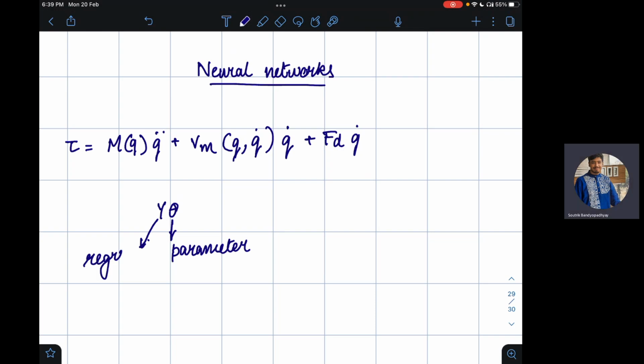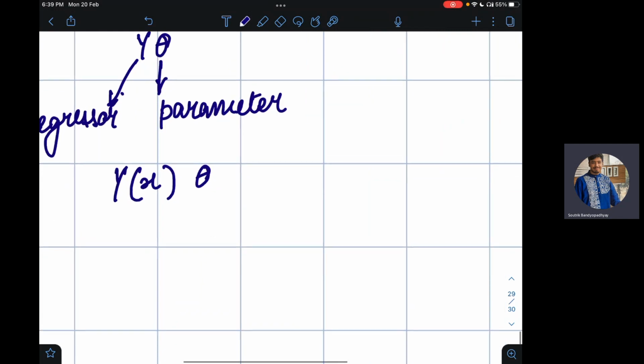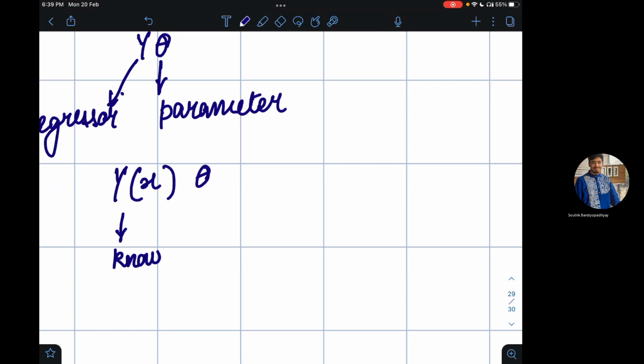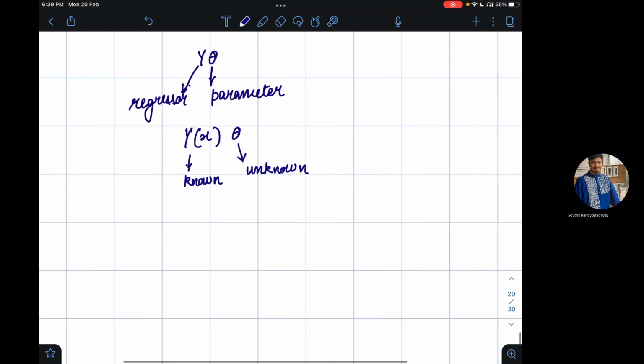So the regressor was a function of the states and theta was an unknown parameter. So you had linearly separated the unknowns from the knowns, right? So you have this as known and this was unknown, right?